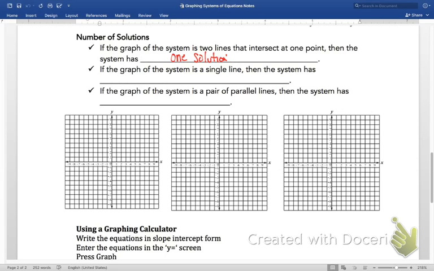The second one says if the graph of the system is a single line, then the system has many, or you can say infinite solutions. Basically, it's just 2 lines that are stuck on top of each other.